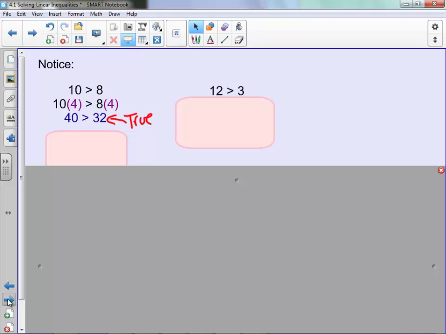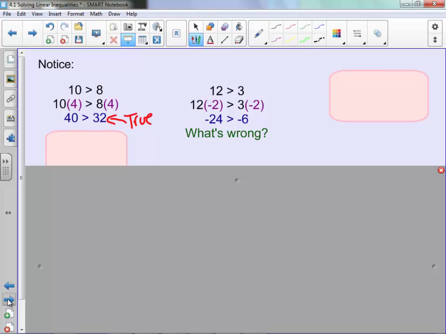Alright, once again, starting with the true statement, 12 is greater than 3. This time we're going to multiply by a negative number, in this case negative 2. And we'll get negative 24 is greater than negative 6. Notice that's not true anymore, because negative 6 is greater than negative 24.